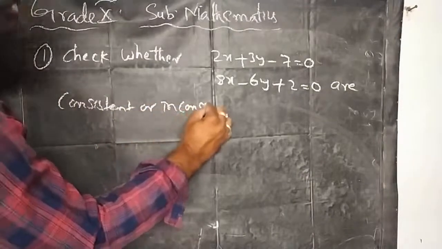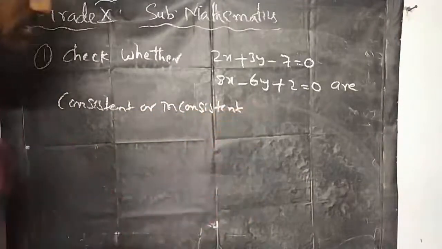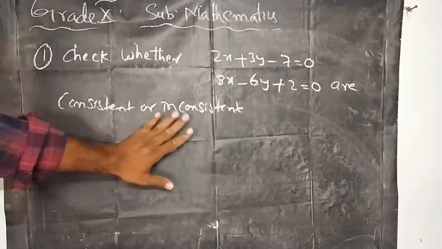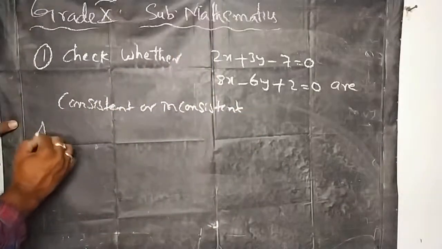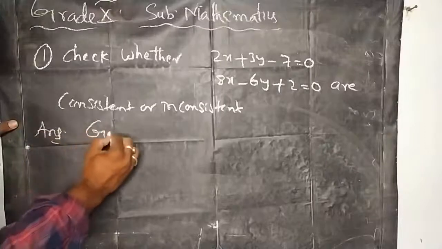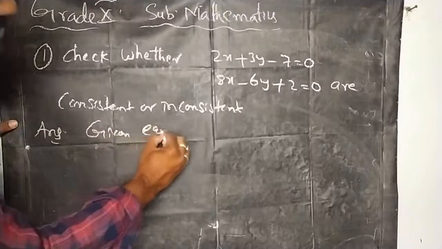It is asking us to check whether they are consistent or inconsistent. So to check this, first let me write the given linear equations. Given equations. What are the given equations here?